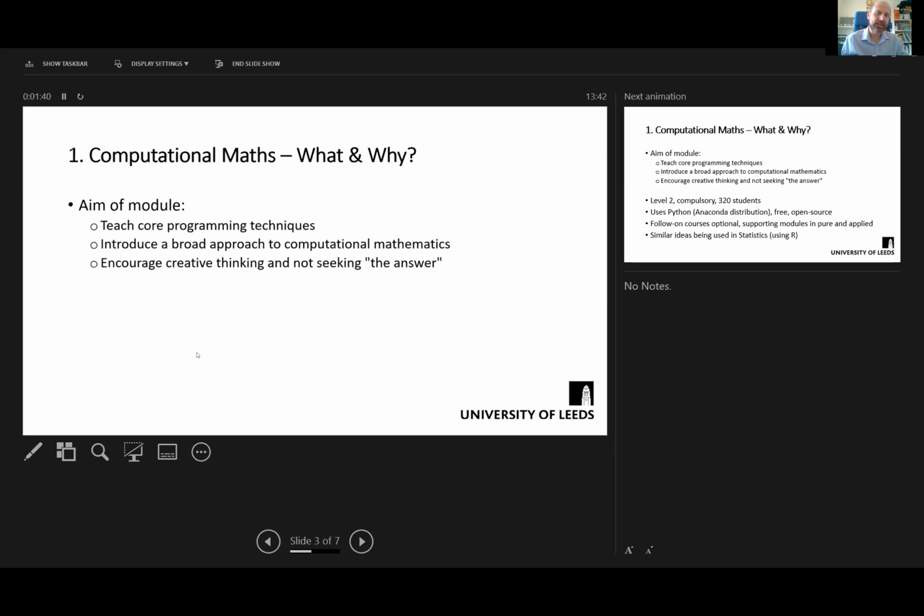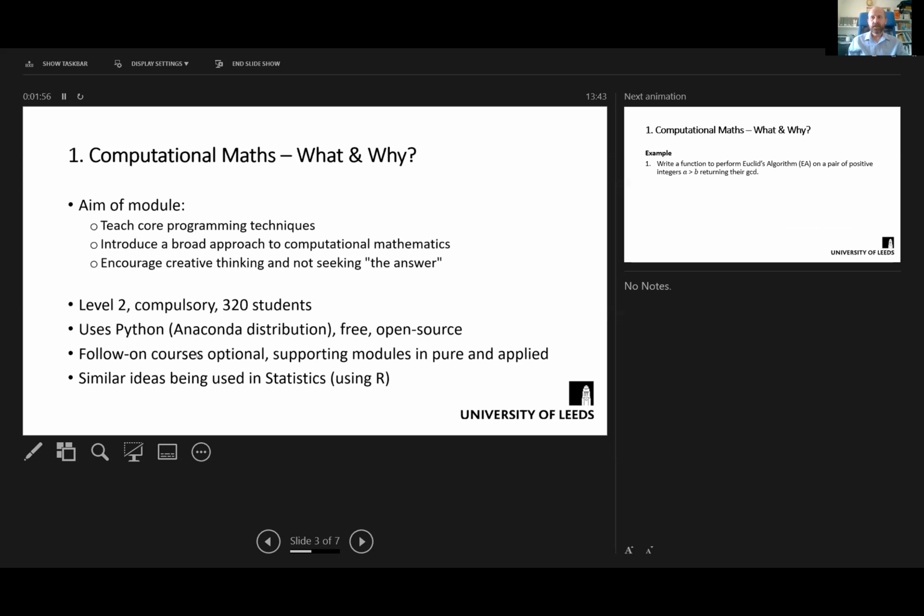We want to do this by introducing some really core and fundamental programming techniques, which we can test, and then basically encourage creative thinking and open-ended problem solving.